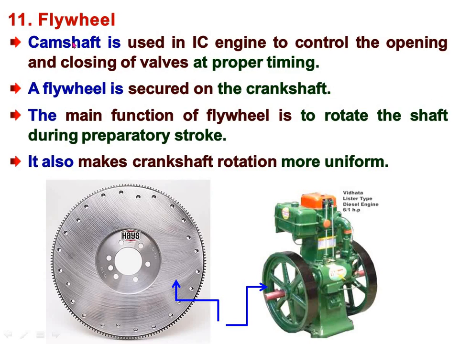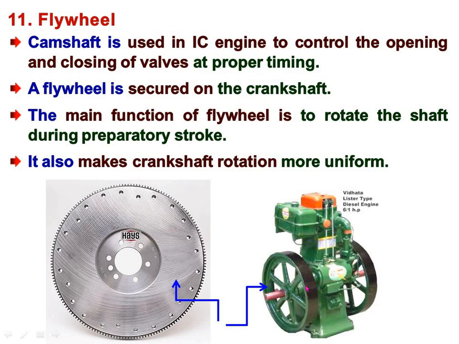Now, next is the flywheel. The camshaft is used in the IC engine to control the opening and closing of the valves at the proper time. A flywheel is secured on the crankshaft. See, this is the extended portion of the crankshaft, and over this the flywheel is attached.